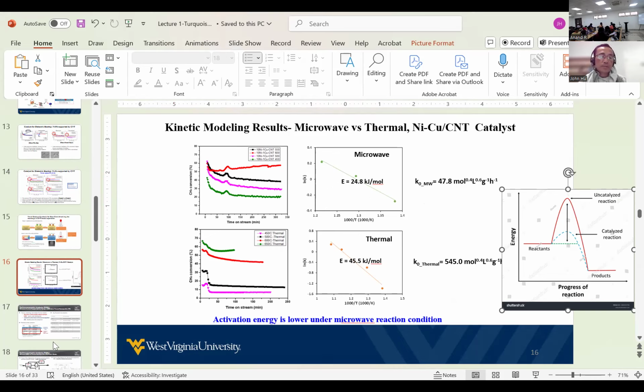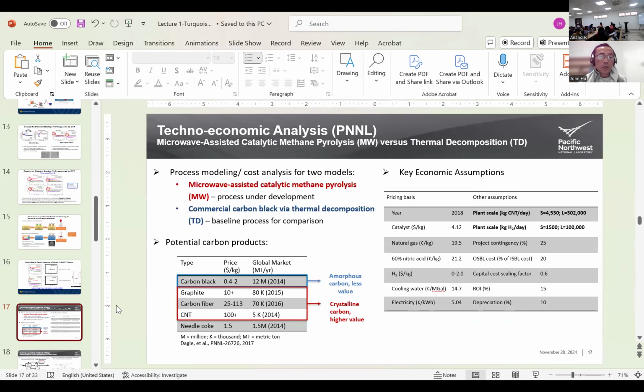Okay. All right. So based on all this data, we have done the techno-economic analysis. If you're familiar with the ammonia synthesis, we spent almost 2 days discussing techno-economic analysis on ammonia synthesis. Same thing here, techno-economic analysis on the hydrogen production using pyrolysis.